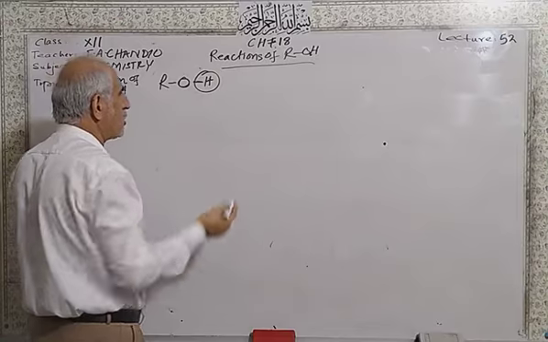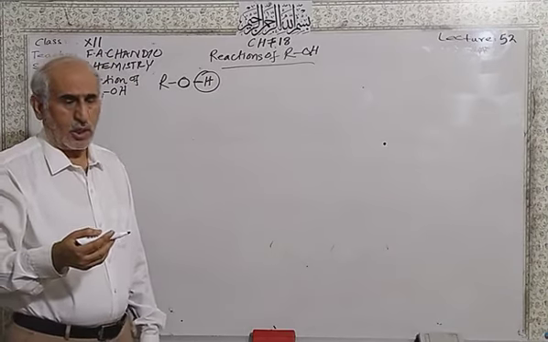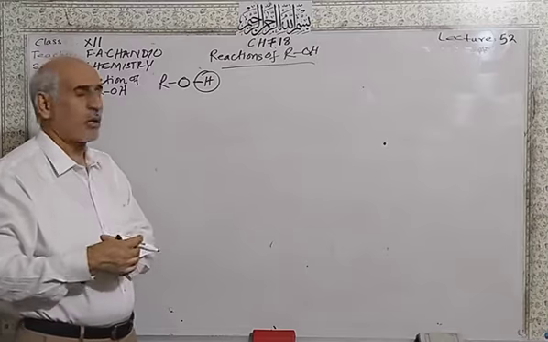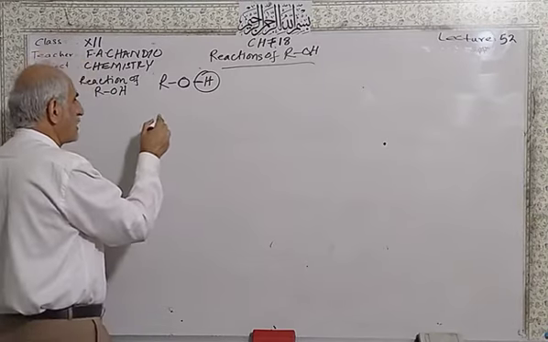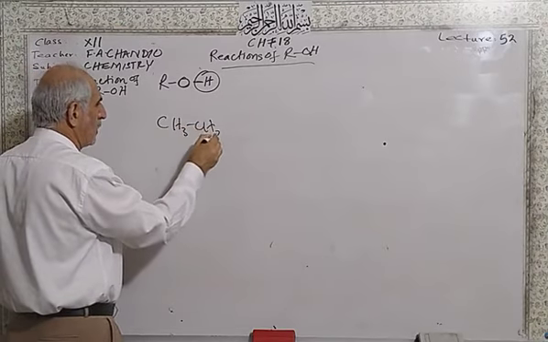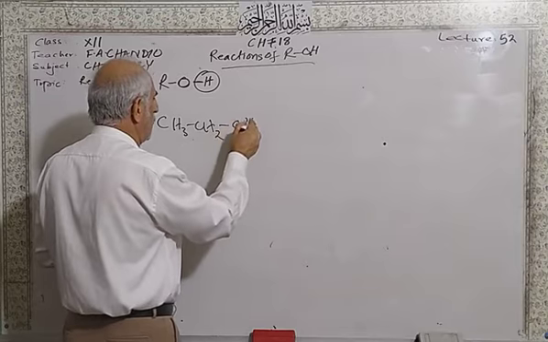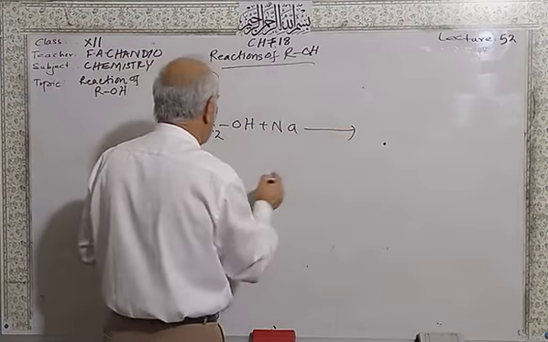In the previous one also there is a formation of the salt. You can put sodium hydroxide or other reagents and you will get this also. So this is ethyl alcohol plus sodium metal.